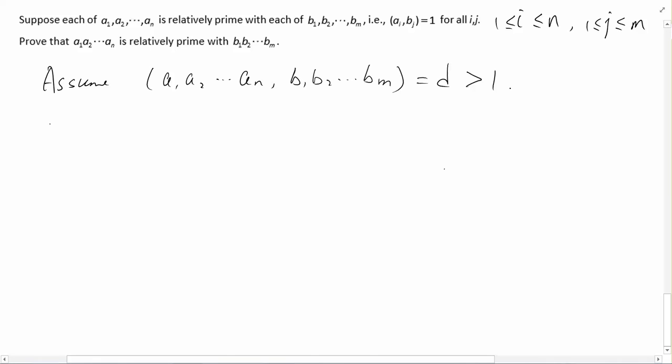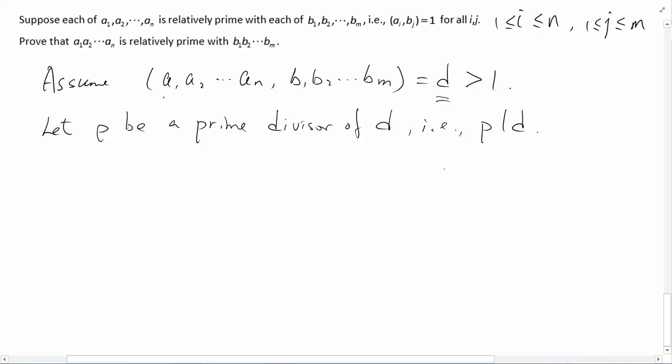Okay, and so we let P be a prime divisor of D. That means P, a prime number, divides D. And since P divides D, and D divides the product of the A's, we have P also divides this product, A1, A2 up to An.